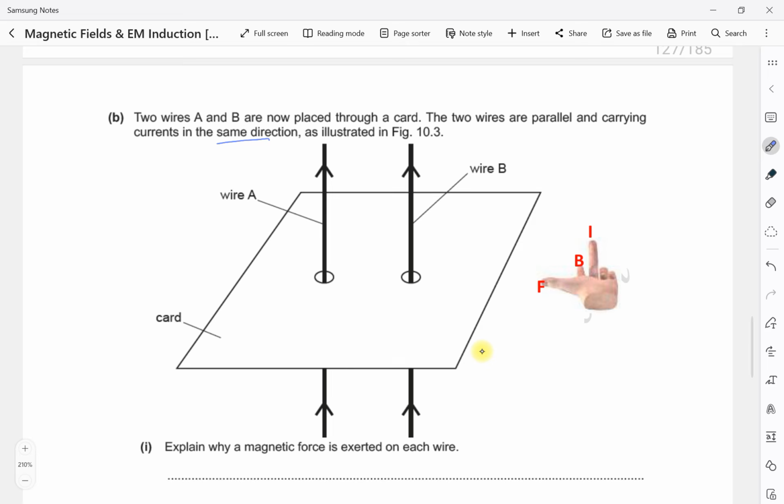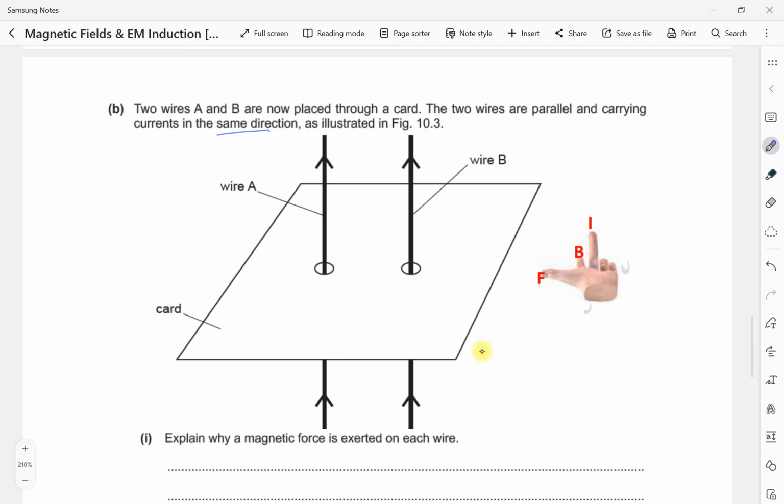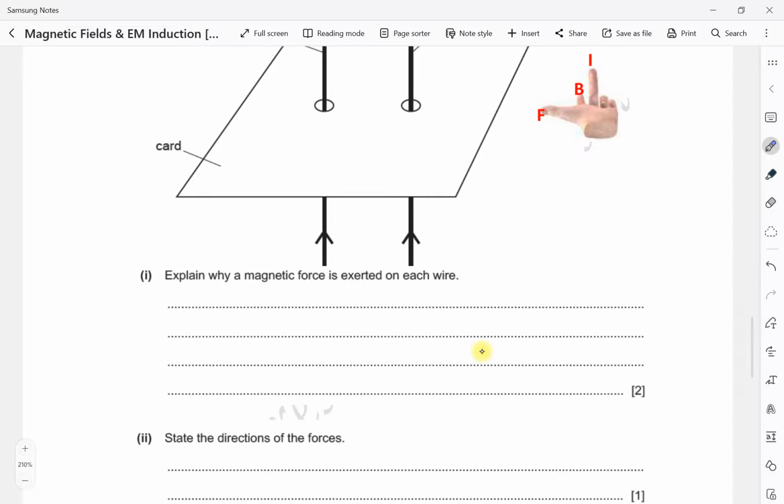And because the magnetic field is in the horizontal plane, yet the current is in the vertical plane, the magnetic field is perpendicular to the current, and by Fleming's left-hand rule, there is a force. So each wire experiences a force due to the magnetic field created by the current in the other wire.